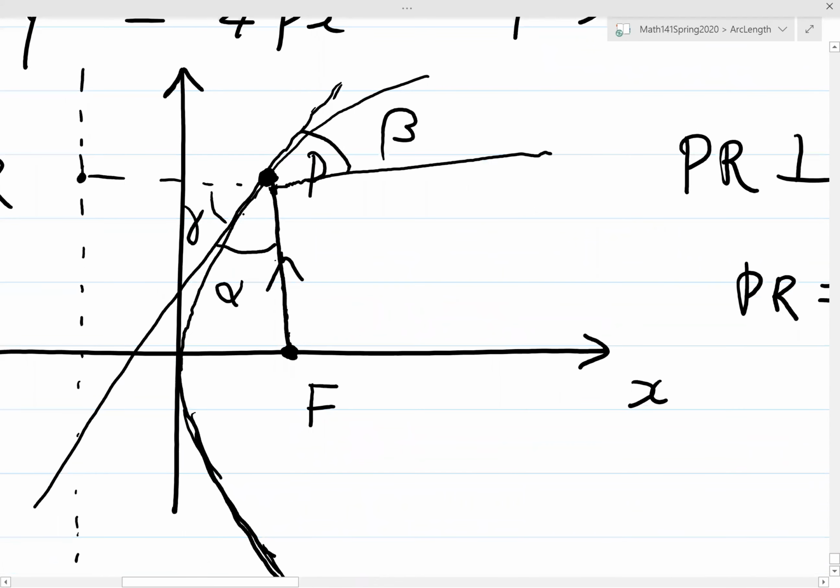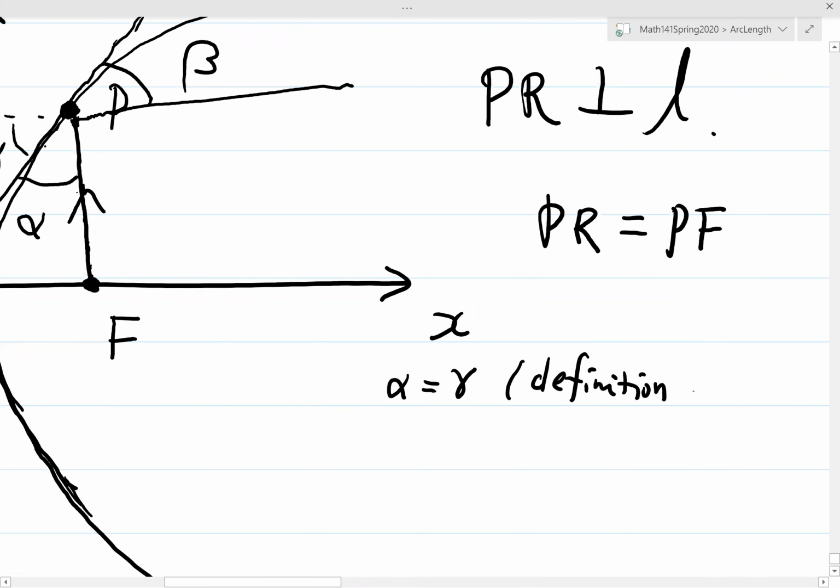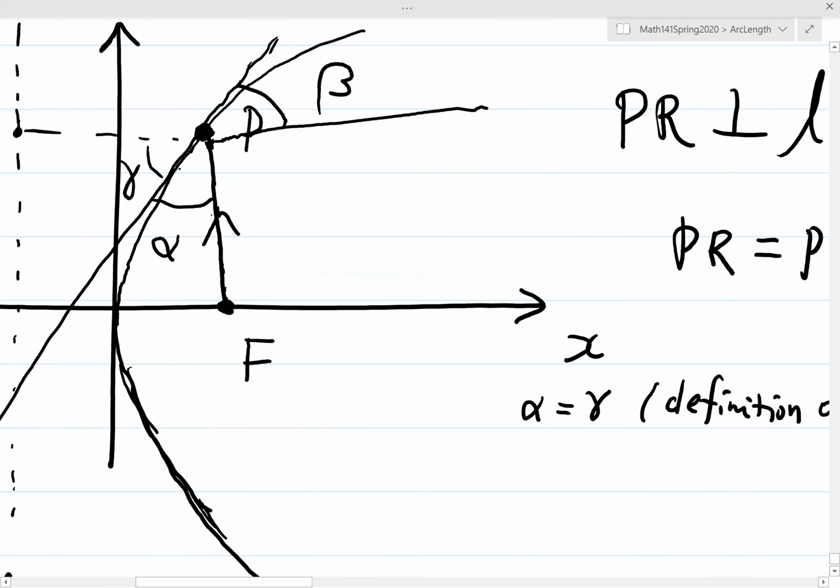What relation do we have? Alpha equals gamma, because of the definition of bisector. Then alpha equals beta.